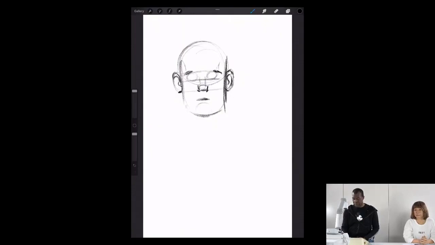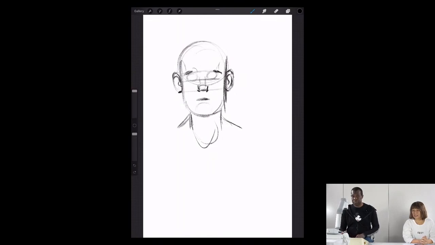So these little things will help you get from A to Z when you're drawing your figures or what have you. Okay.